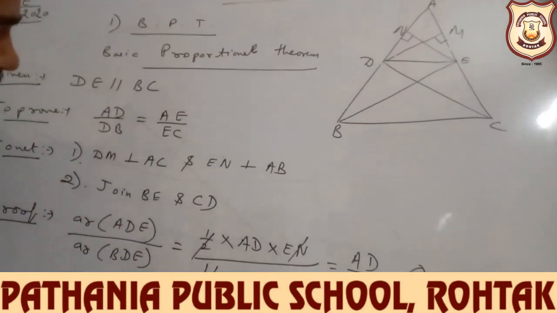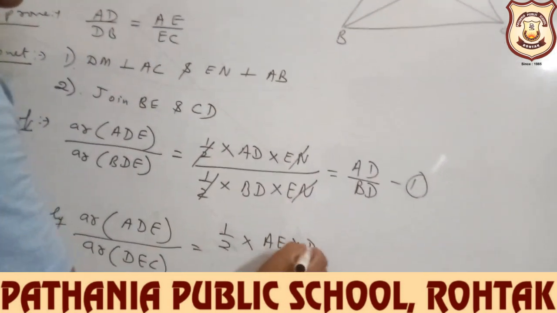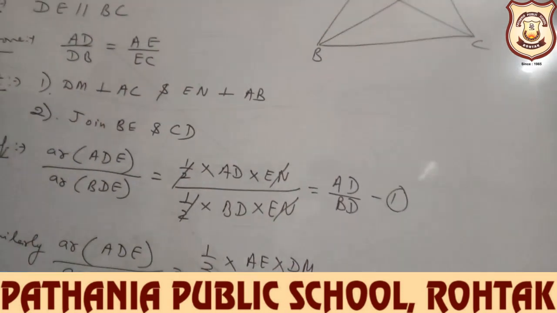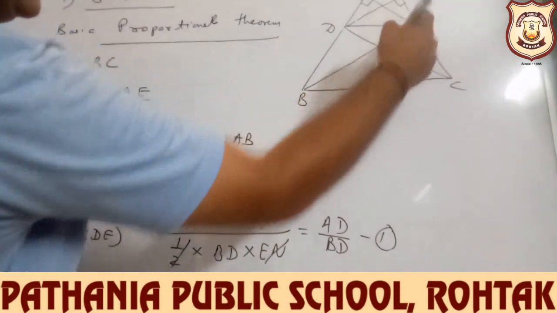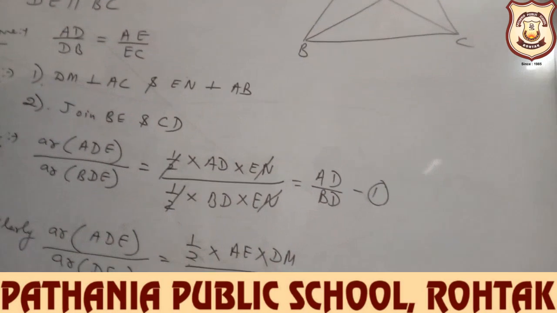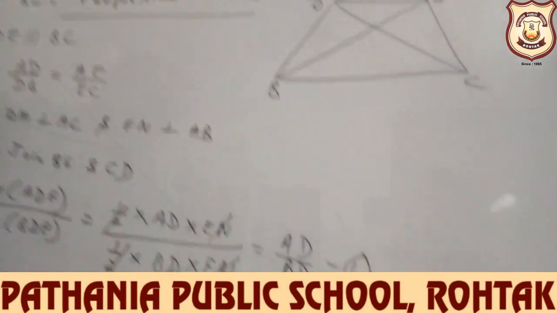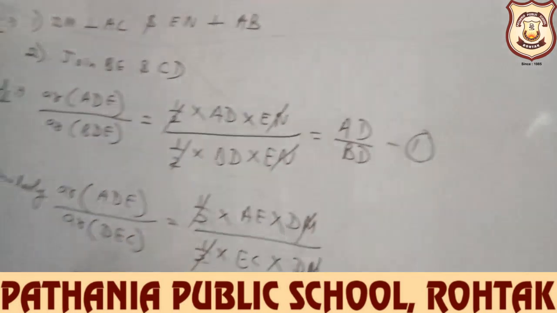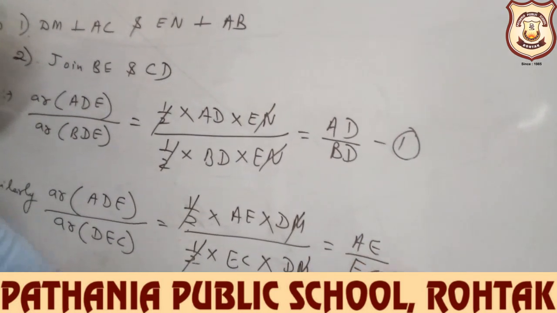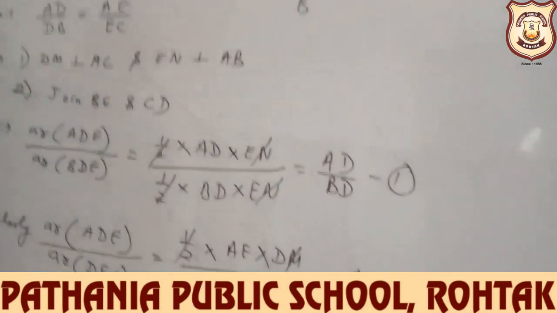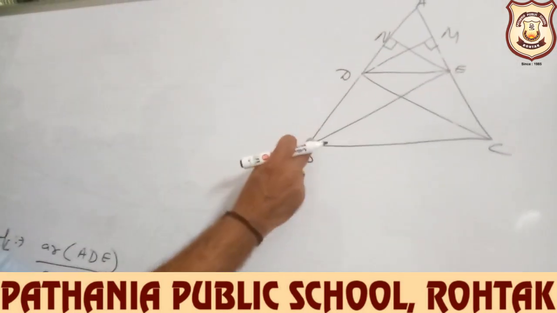Area of ADE is half into base AE, height is DM. Here half base is EC, height is the same DM. DM cancels with DM, half with half. AE upon EC. Mention this as second.